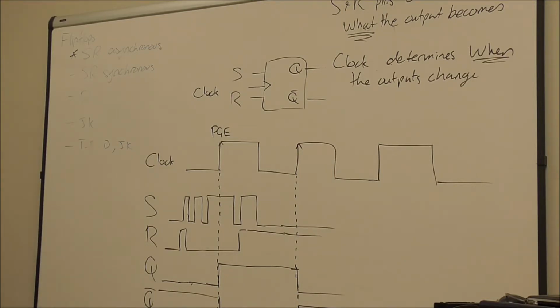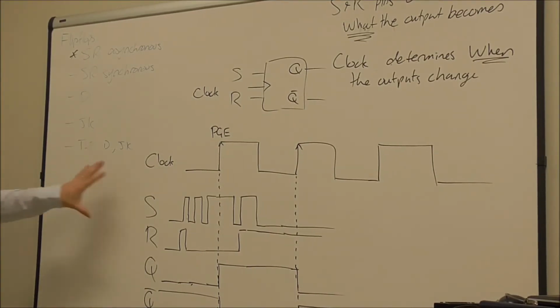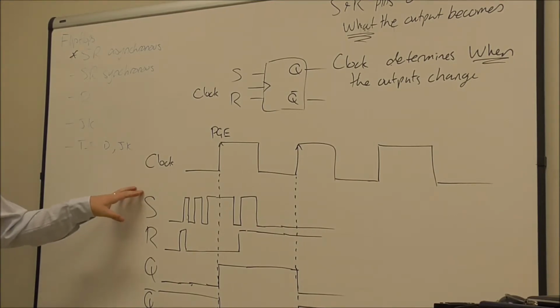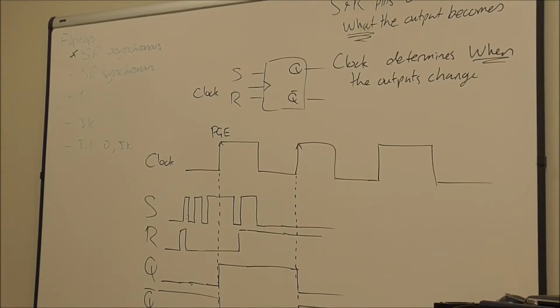Okay, now there are two different types. Actually, I'll look at the different types of clocks in a minute. Alrighty. Before I move on from S and R, has anybody got any questions about what synchronous means or anything like that? Alright.